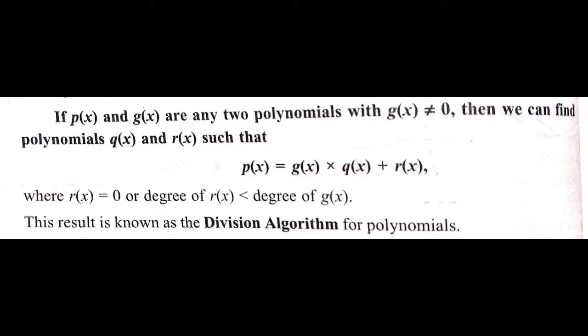So let's see the definition for the division algorithm for polynomials, which states that if p of x and g of x are any two polynomials with g of x not equal to 0, then we can find polynomials q of x and r of x such that p of x is equal to g of x into q of x plus r of x, where the remainder r of x is equal to 0 or the degree of r of x is less than degree of g of x.